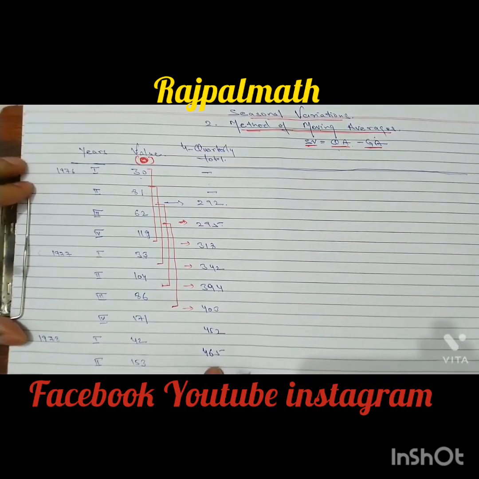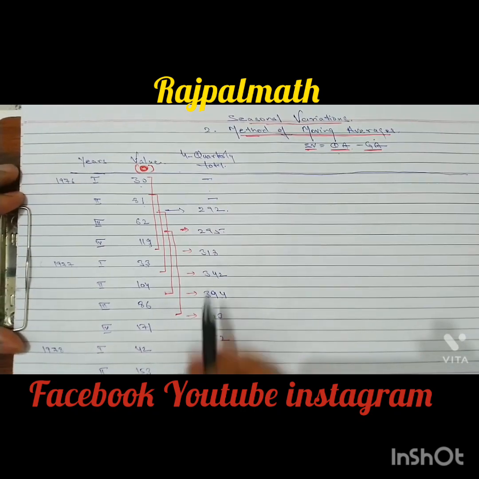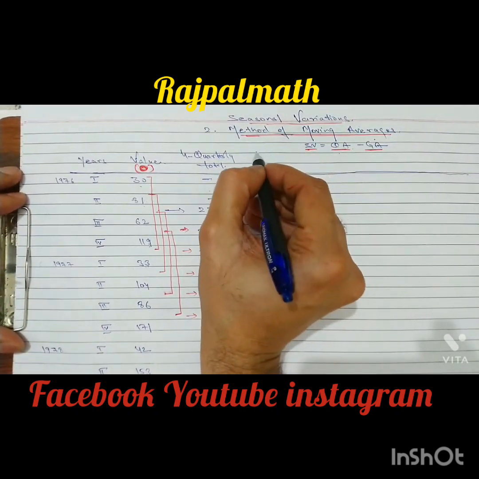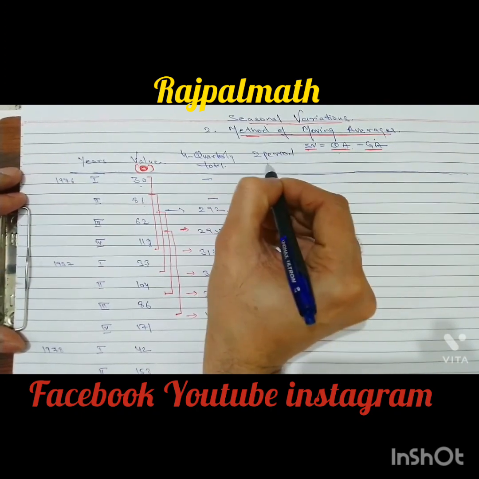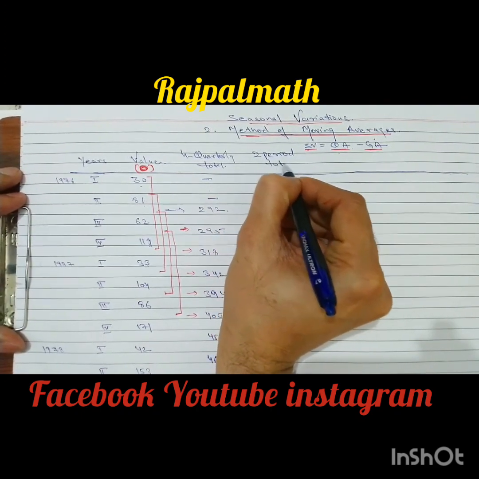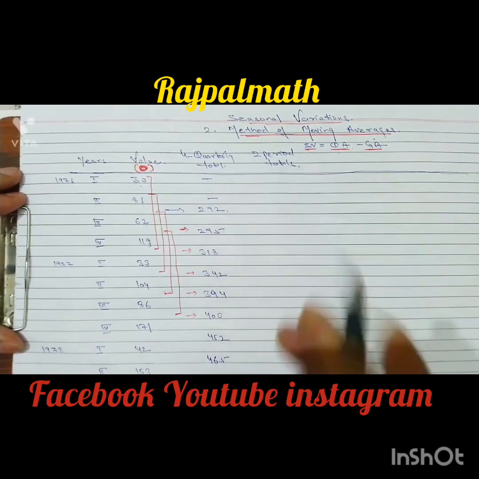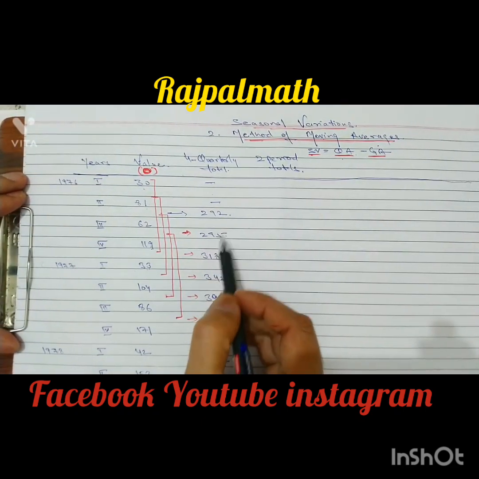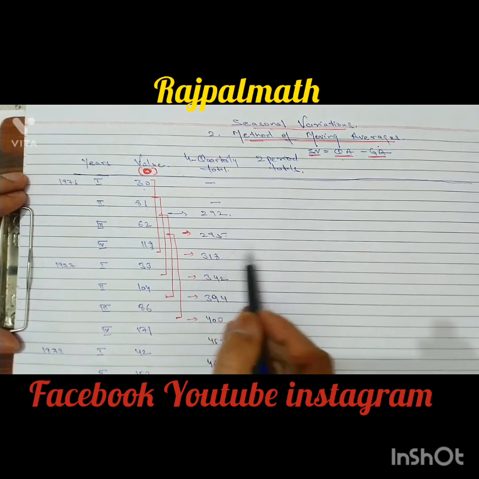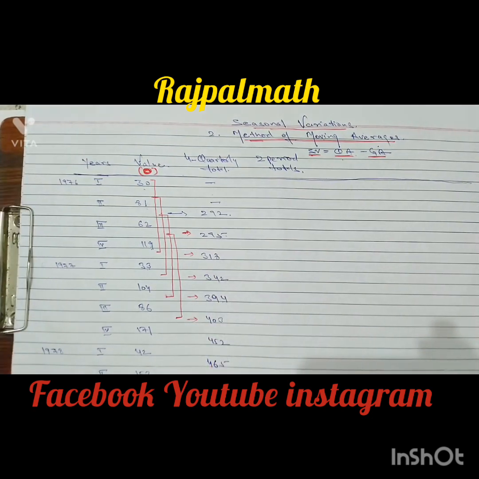Now next calculate 2 period totals. These are centralized values, means total of these two, skip 1, total of next 2, skip 1, total of next 2.